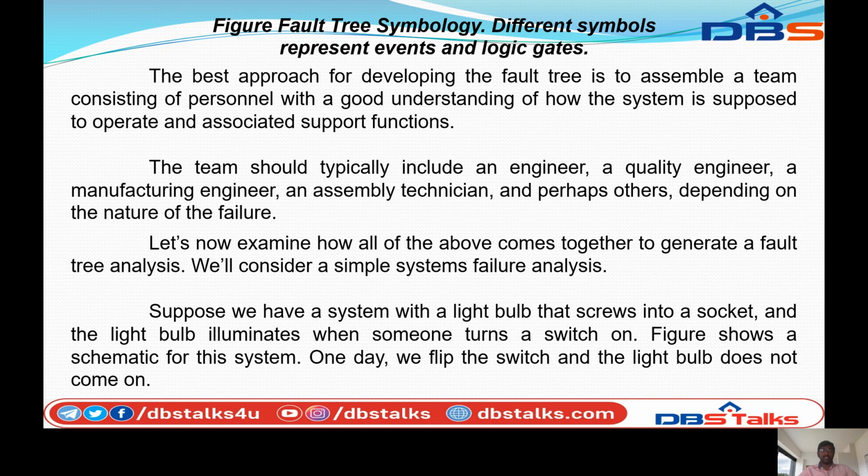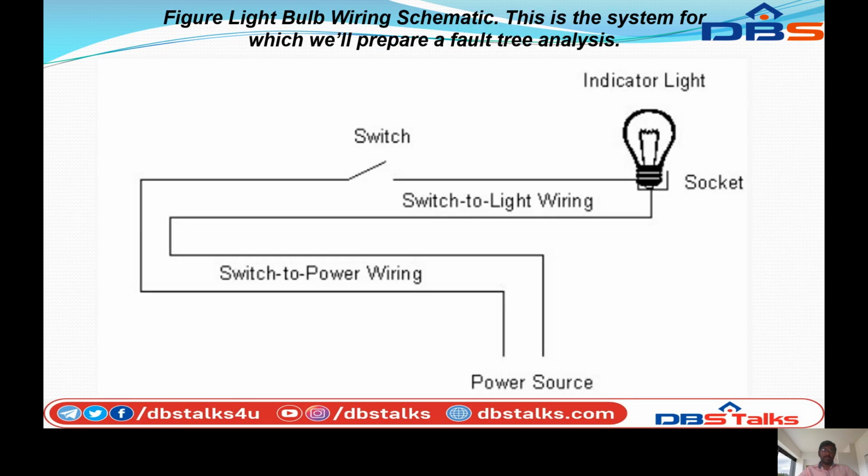This is the schematic representation of the bulb and the switch arrangement. The main power source is given, with positive and negative power passing through the switch to the power wiring.